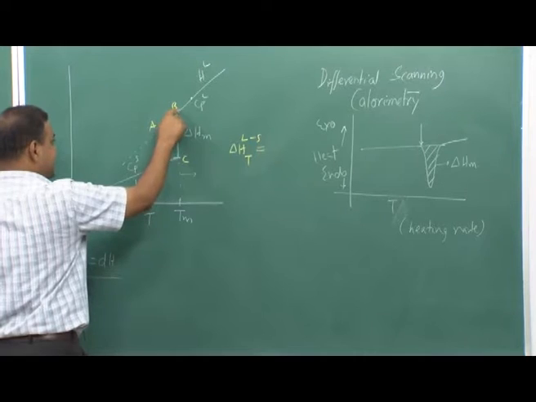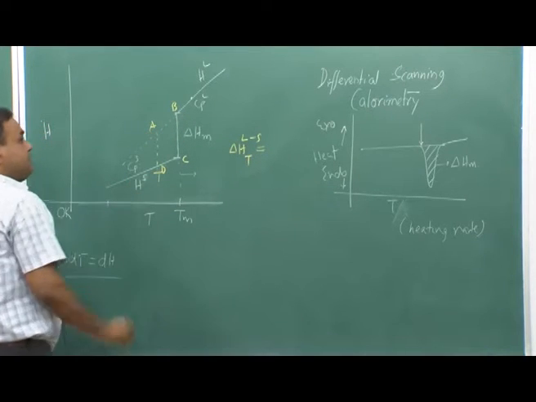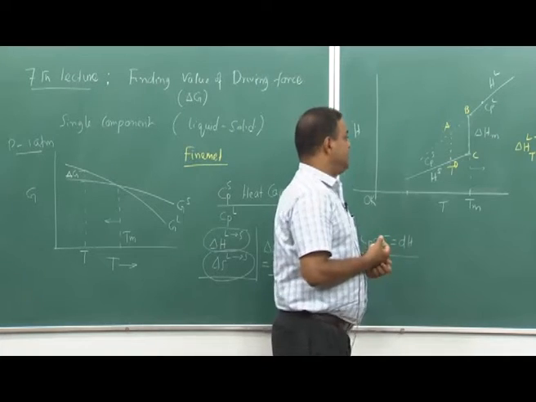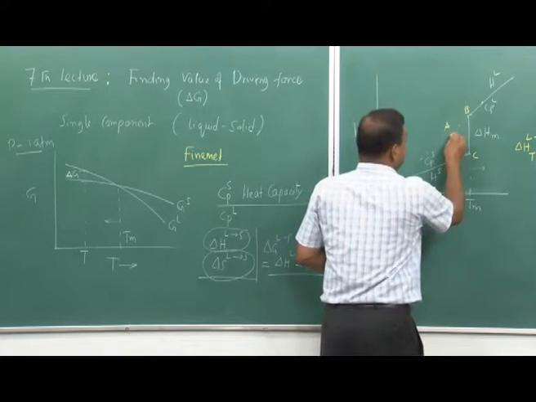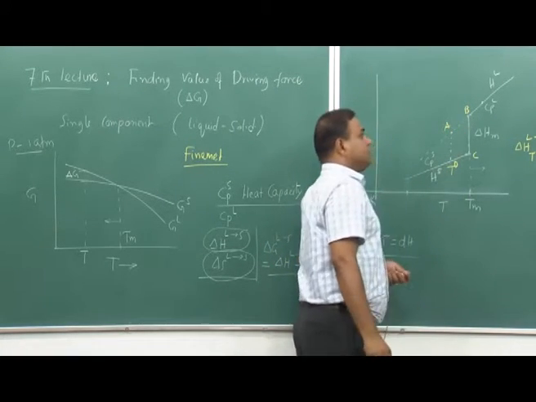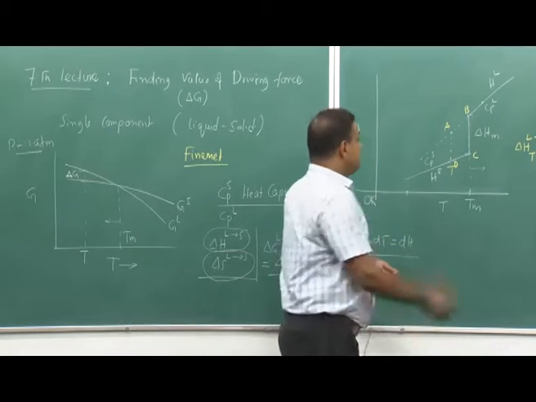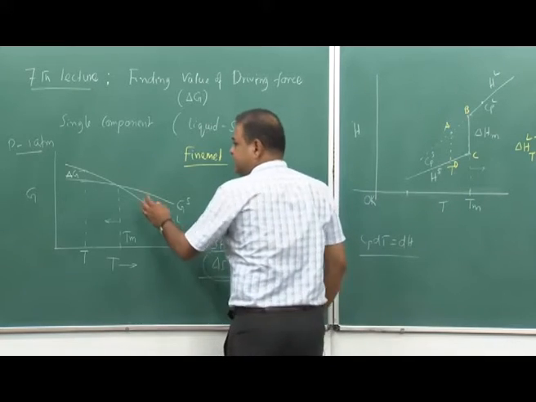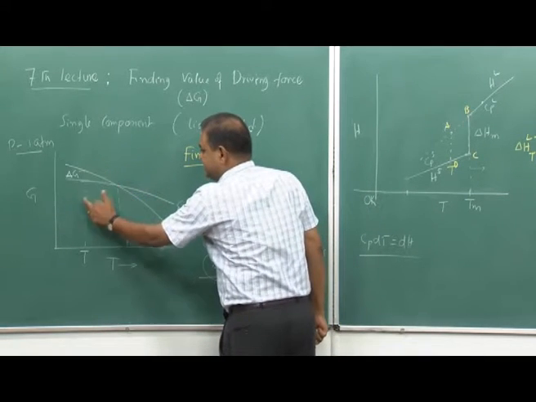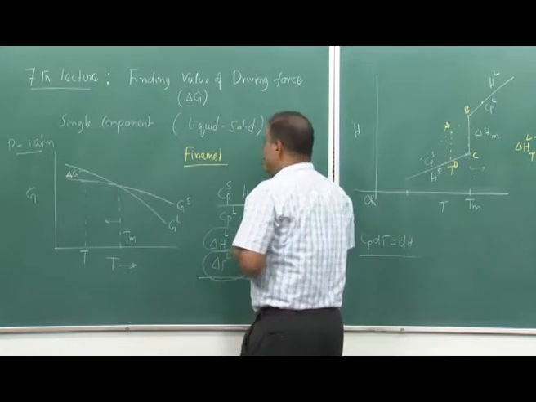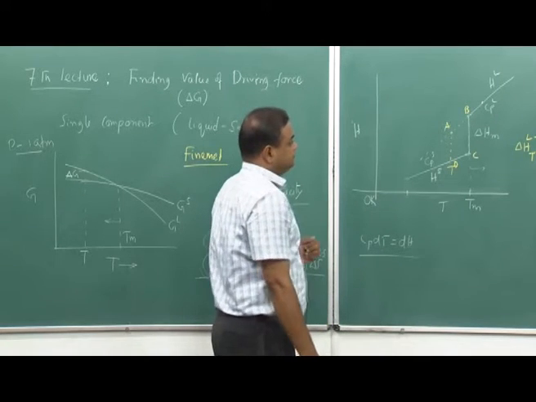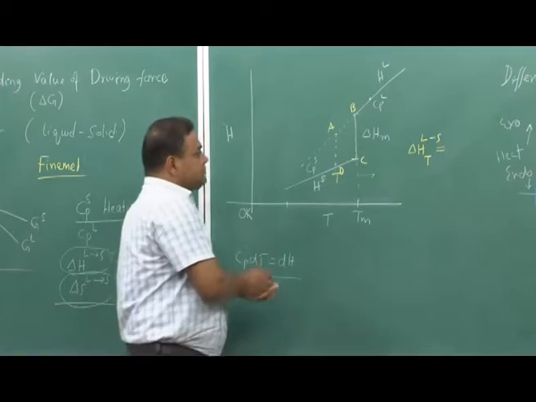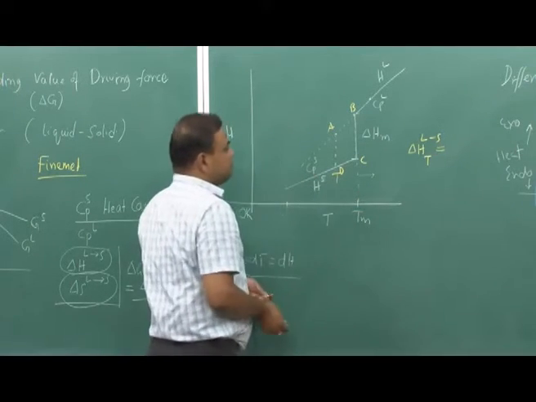And if we take the temperature below, keeping liquid as liquid without solidification or crystallization, then I can reach this point, and if we hold that liquid at this temperature, then there is a possibility that it can go back, because at that temperature I have a lowering in free energy. So, spontaneity is there.